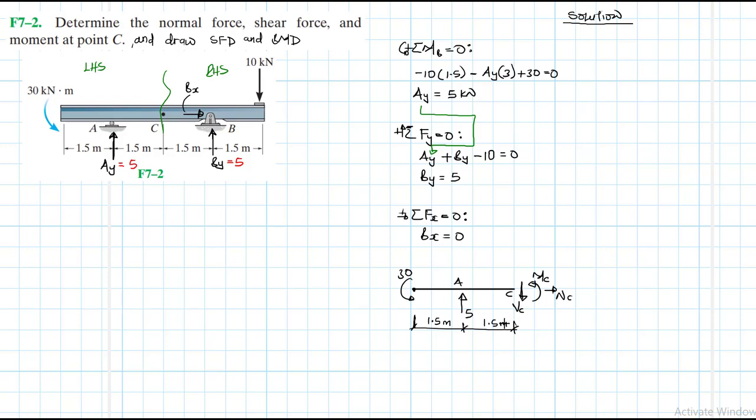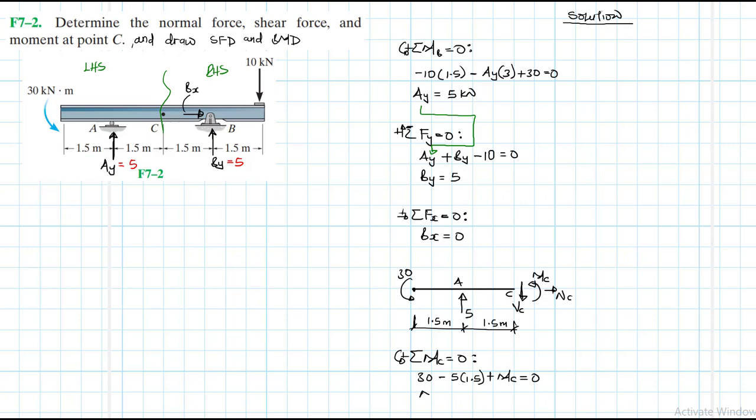So let's apply the moments at C so that we find MC, then later on summation of forces in the Y. Summation of moments about point C equal to 0, and clockwise being our reference. We have a 30 anti-clockwise, and then minus 5 times 1.5, and then plus MC equal to 0.